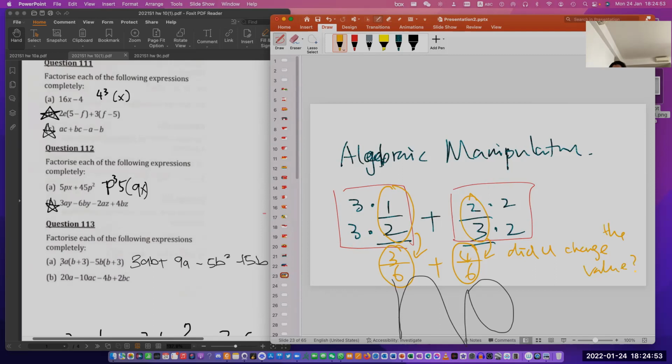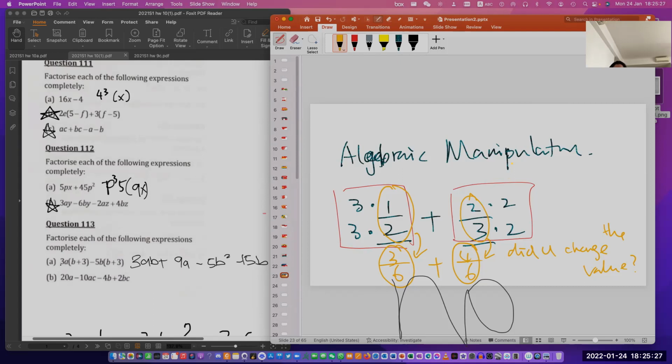So when it comes to algebraic manipulation, you can do anything to the number given, but you can't change the value. Just like you can put on a cap, you can put on a tie, or you can put on a skirt or many more things, but you are still you. So when it comes to algebraic manipulation, you do transformation, but you don't change the value.